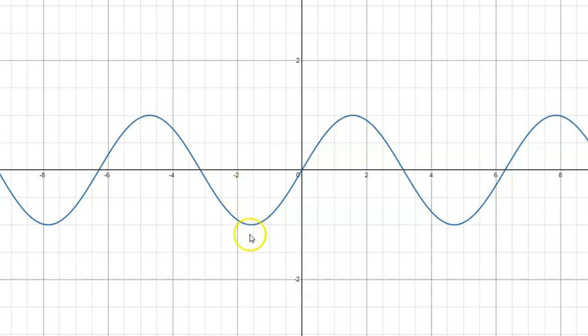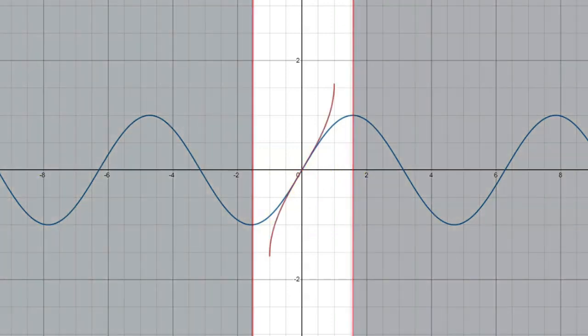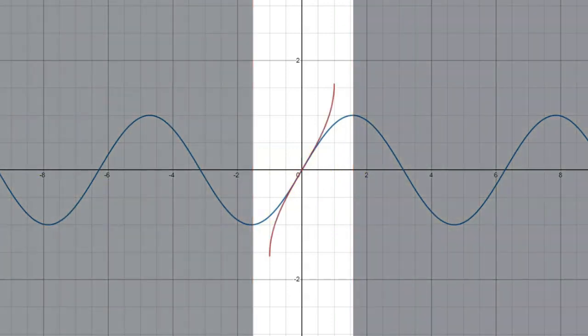What we need to do is restrict our domain so that this becomes a one-to-one function. Once we restrict the domain to go from negative pi over 2 to pi over 2, then our inverse sine function looks like so. And if you can turn your head to the right, you will see that this looks almost like the original function tipped and reflected.